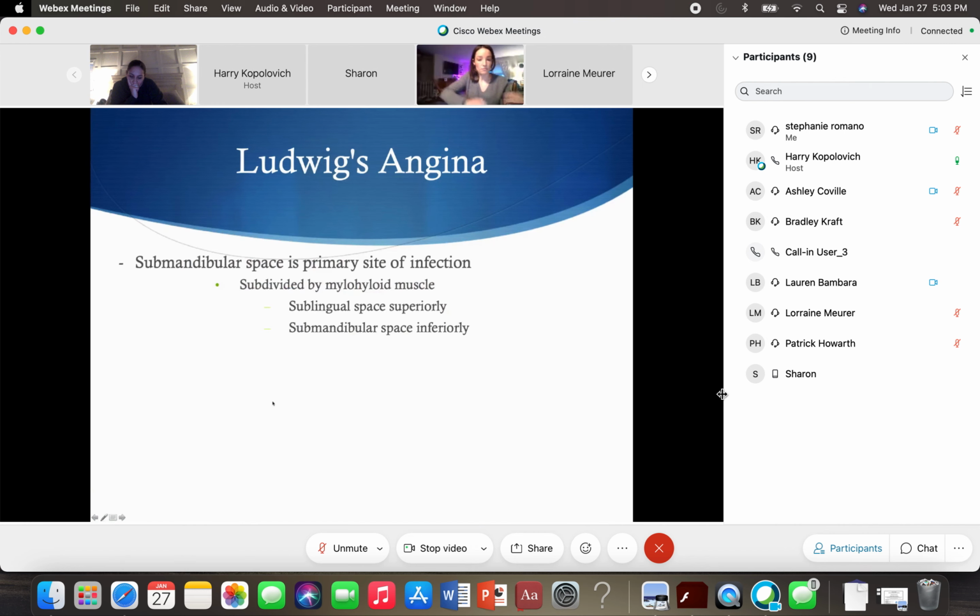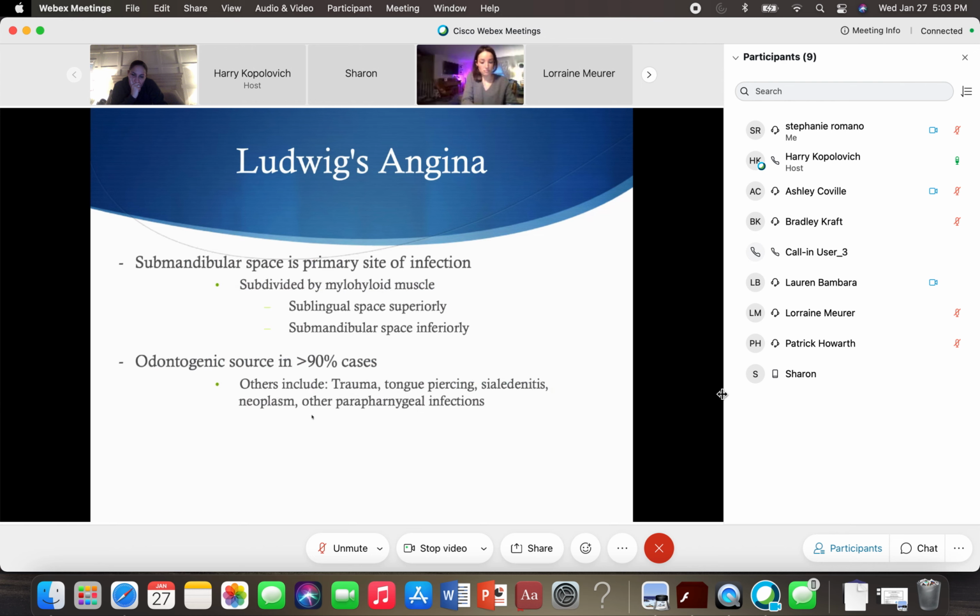So what is Ludwig's angina? In order to get into it, it's important that we talk a little bit about anatomy. Ludwig's angina specifically is a deep space infection that's located in the submandibular space. And the submandibular space is divided by the mylohyoid muscle. It's a sublingual space superiorly, and then the submandibular space inferiorly.